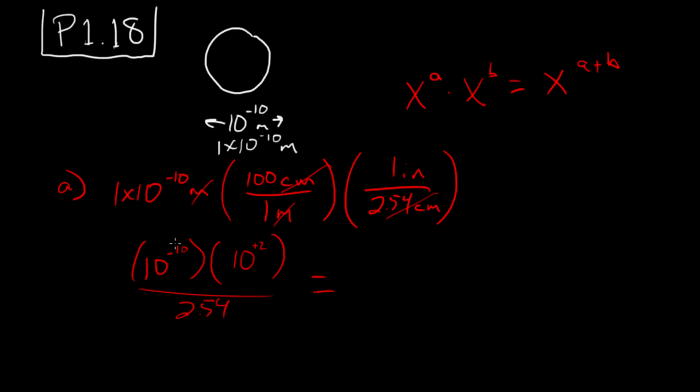And so here, a is minus 10, b is positive 2. So I've got on the top 10 to the minus 8 inches. There was an inches out here that I forgot. Okay. Now I just need to know what 1 over 2.5 is.